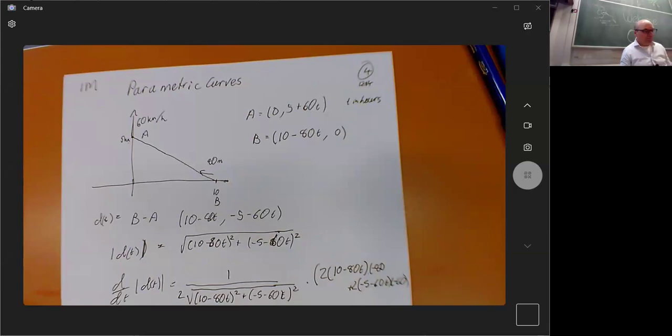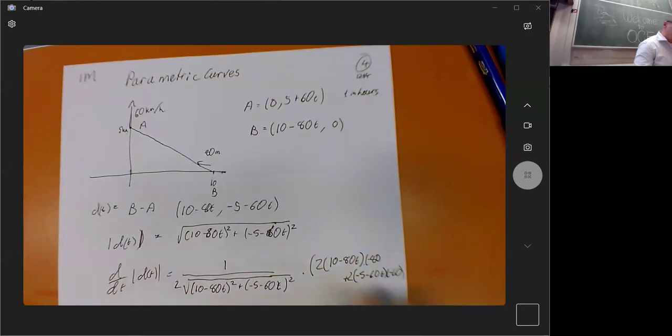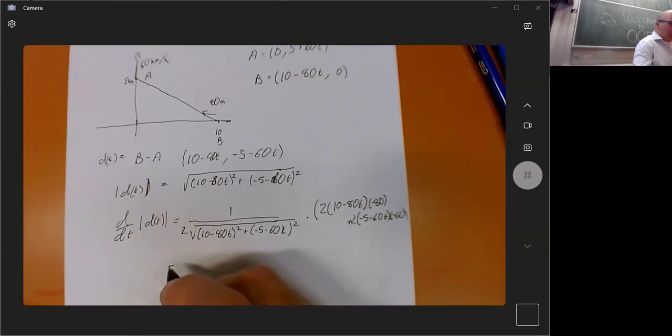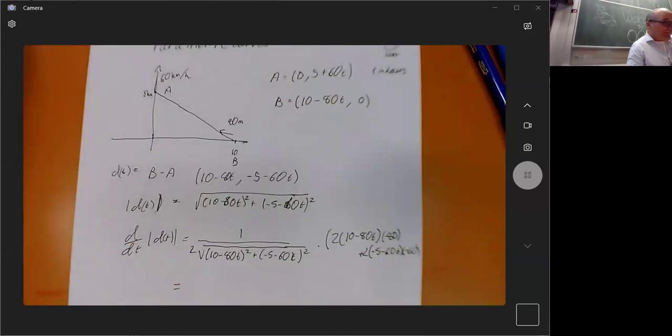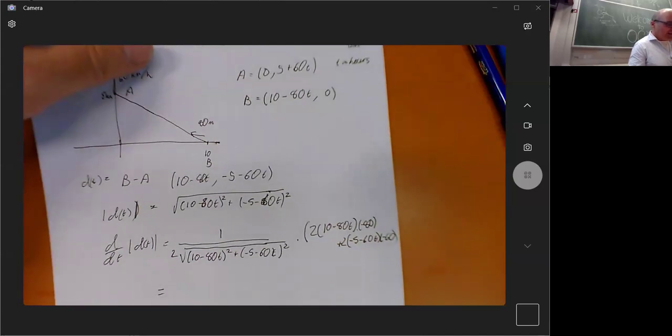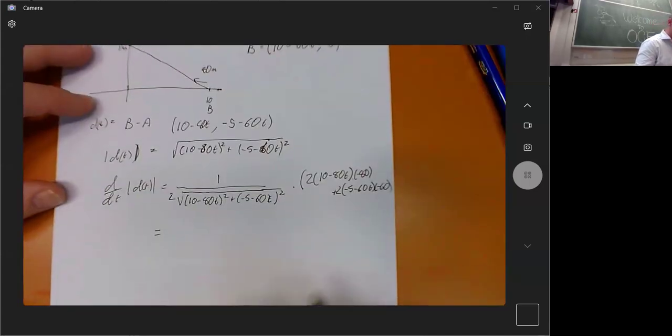I'm going to try and simplify this a little bit. All of this is going to go on top. It's going to suck for those people playing at home, but it is just messy algebra.